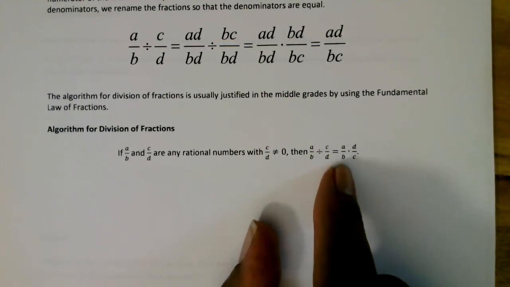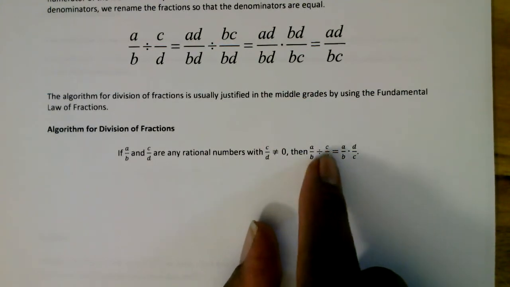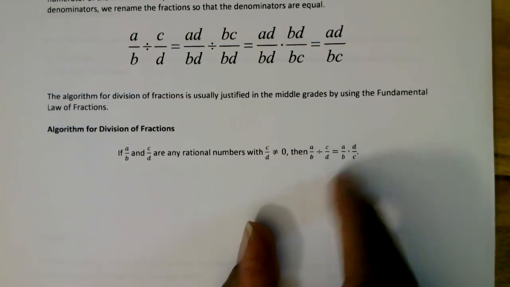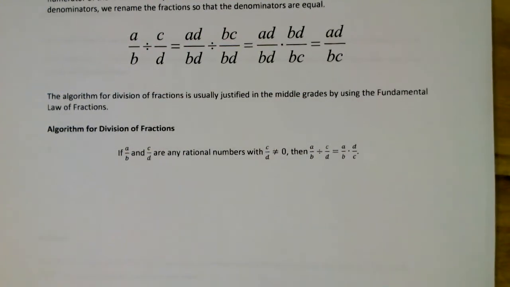You bring over your A over B, but then you're going to multiply by the reciprocal of C over D, which is D over C. That's the algorithm that we should be familiar with when you're dividing fractions. You always multiply by the reciprocal of the second fraction. Or in other words, invert the second fraction and multiply.